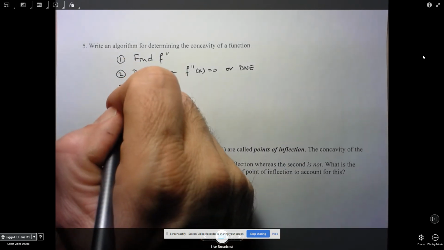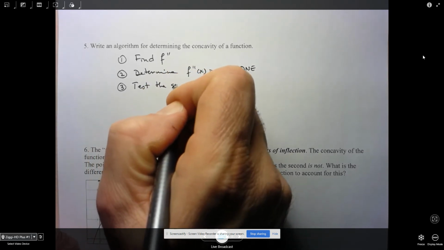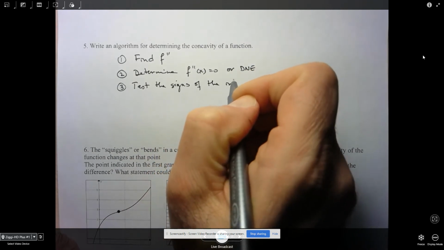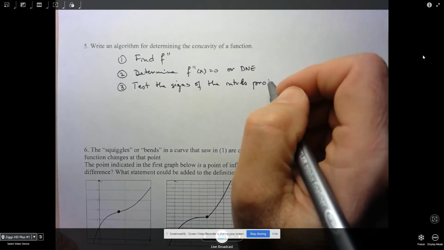Step 3, test the signs of the intervals produced by the x's in 2.